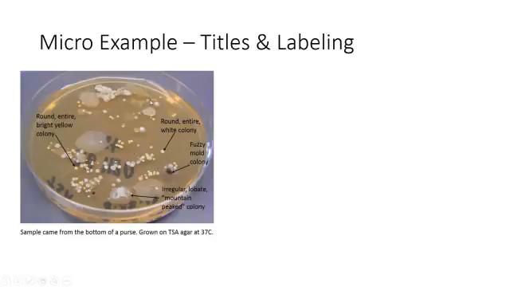Now there are a bunch of other colonies, but I went ahead and only labeled the ones that I'm pretending would be important for a lab report. And then I have my title that says where this sample came from, what the agar is, what the incubation temperature is. It's everything that I, as the instructor, need to know about your photo.